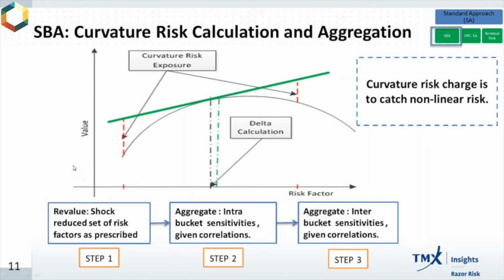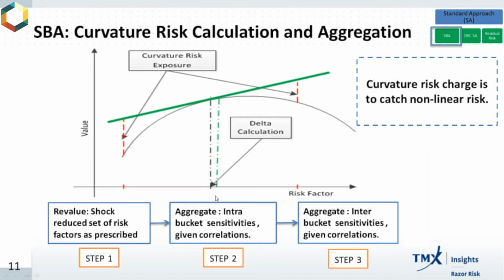For example, GIRR might go up to 240 bips. As we show in this graph, first we take both a positive and a negative large shock, get a scenario loss with the delta effect taken out, and then the worse of the two scenarios will have its sign flipped and be taken as the curvature risk.